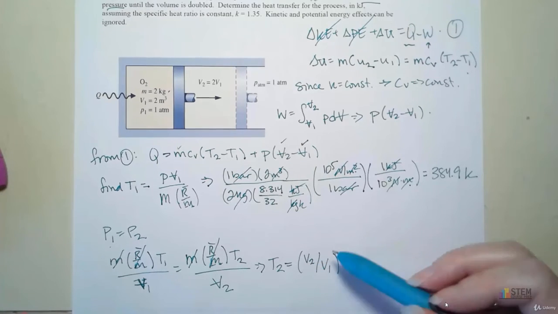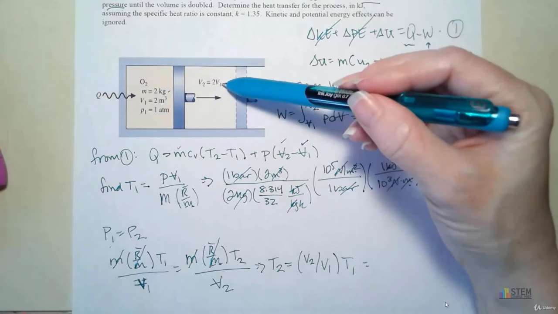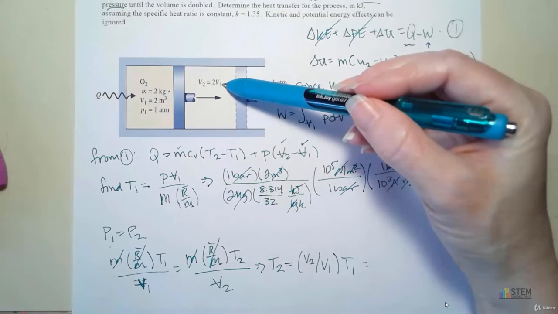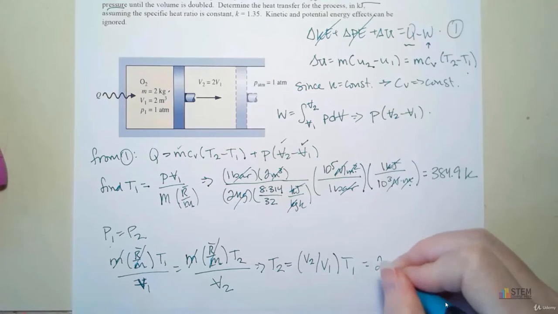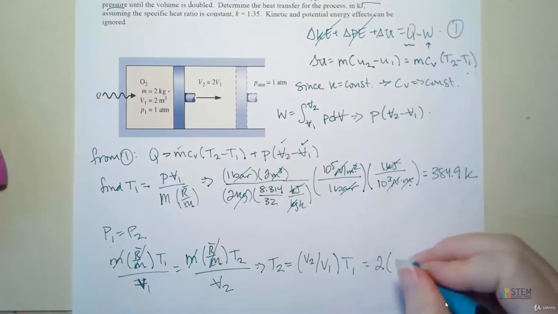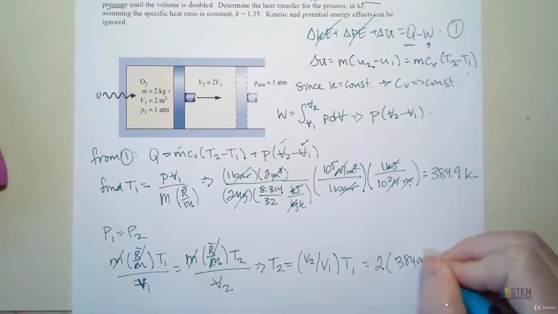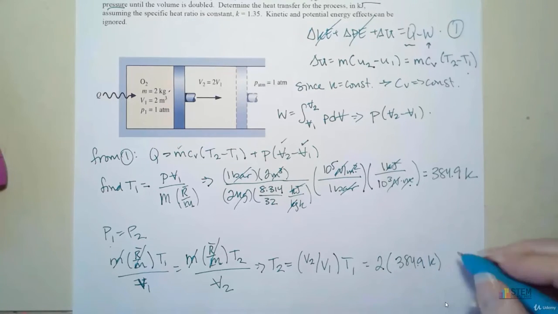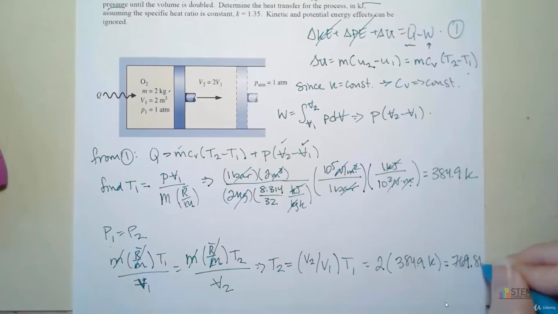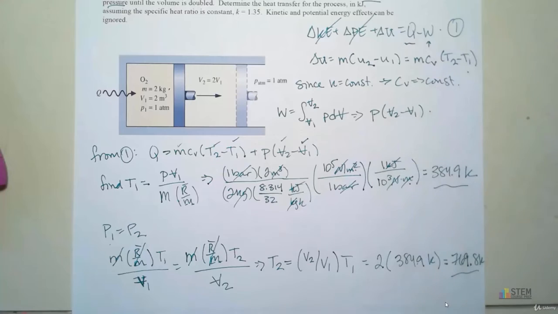V2 over V1, we know that V2 is 2 times V1, so if you plug that in, you're just going to get a 2. And then for temperature, you're going to get 384.9 because that's what we found for T1. So you get 769.8 Kelvin. Alright, so there's T1 and there's T2. Now we got both of those done.